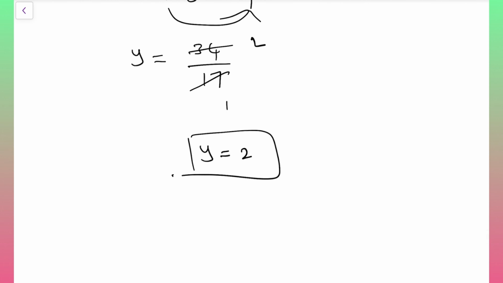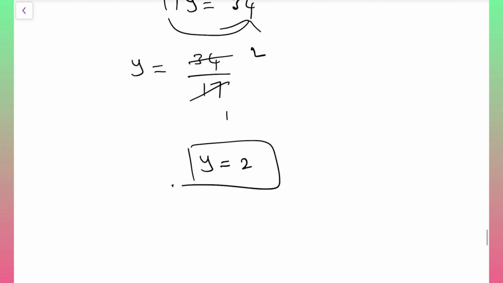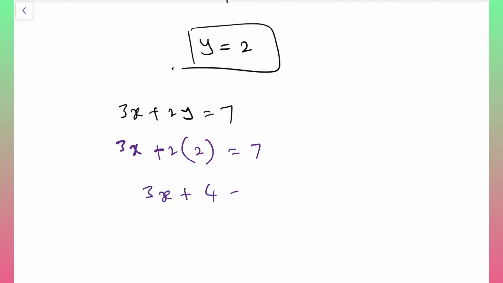Now this y value we can substitute in either the first equation, or the second, or the third, or the fourth equation. The first equation I am taking, that is 3x plus 2y equals 7. So 3x plus 2 into the y value we got as 2 is equal to 7. 3x plus 2 twos are 4 is equal to 7.